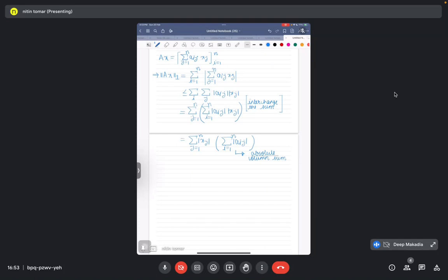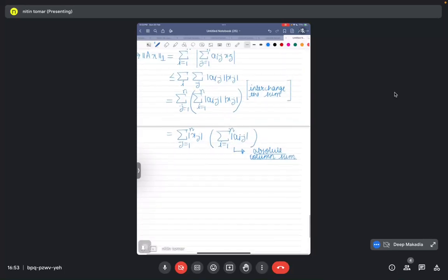Just take a minute and realize this. So it will be less than or equal to its maximum, right? So this thing as it is, and it will be less than or equal to the maximum of the summation. If I take the maximum, then obviously this will be less, right?